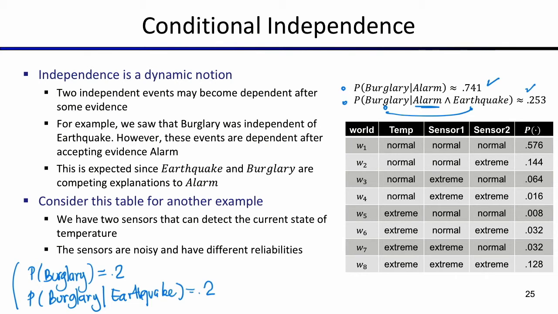Another example is like you have two dice and you're going to throw them, and we have to agree that the outcome of one die will not influence the second die. So those are independent events. But if we give a third piece of information, the sum of the outcomes, now they become dependent, right?